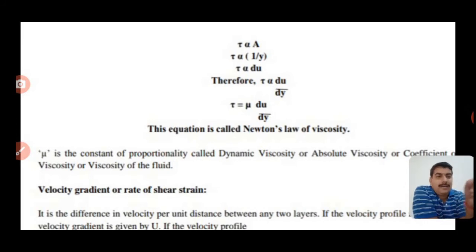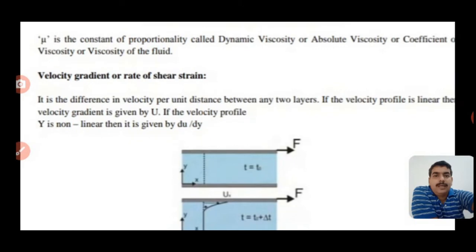Therefore, we conclude, or we combinedly say, that tau is directly proportional to du upon dy, and for the equality sign we multiply by a constant, the viscosity constant, the proportionality constant, that is mu, the absolute viscosity. Therefore, the formula obtained is tau is equal to mu du upon dy. This is the basic formula of the shear stress, for the calculation of dynamic viscosity of the fluid.